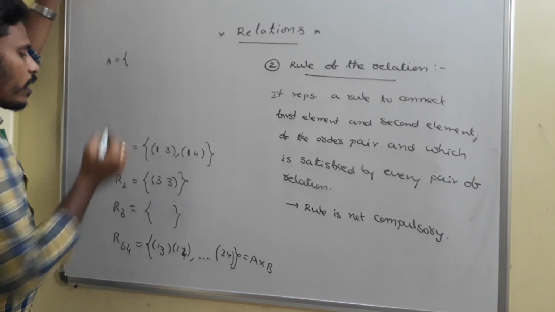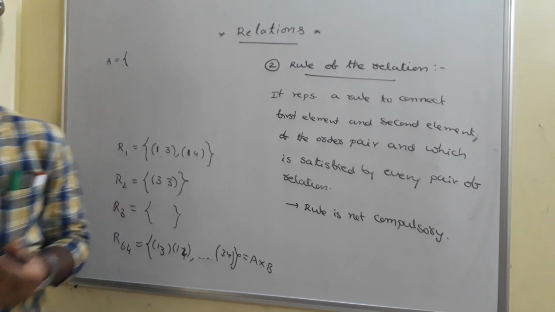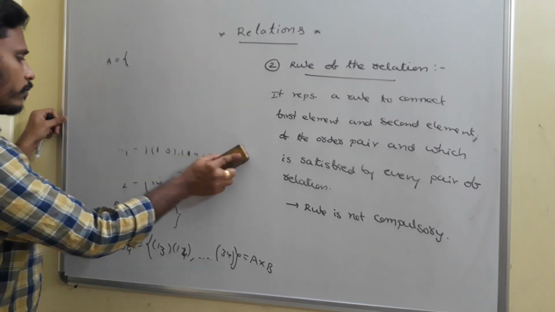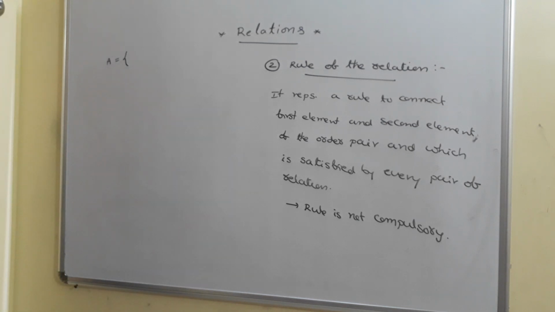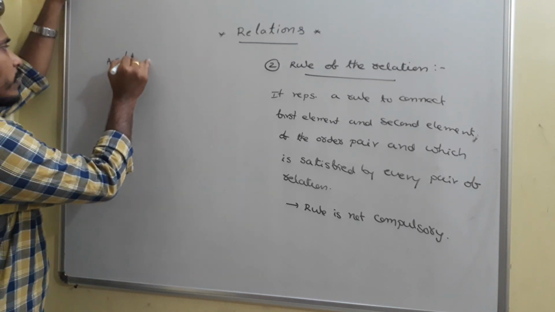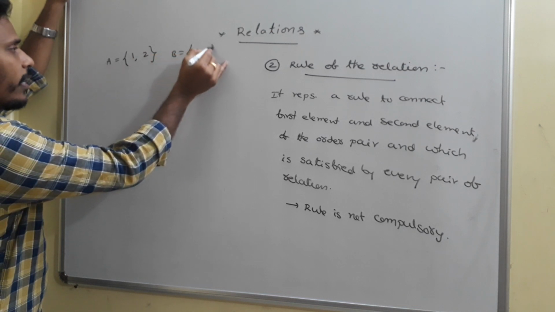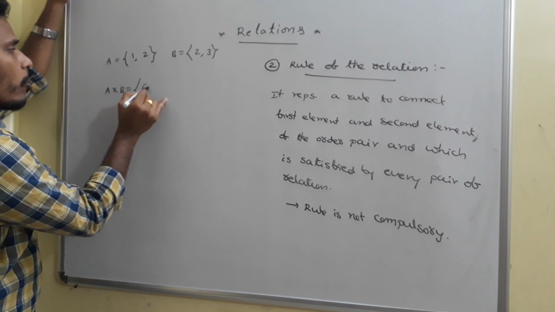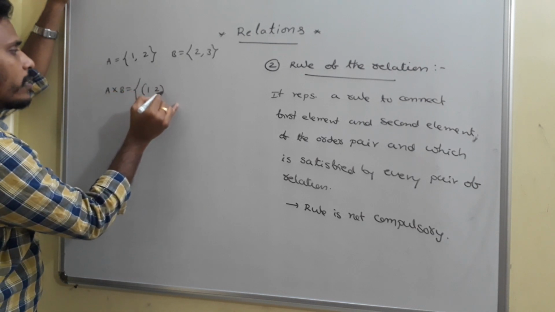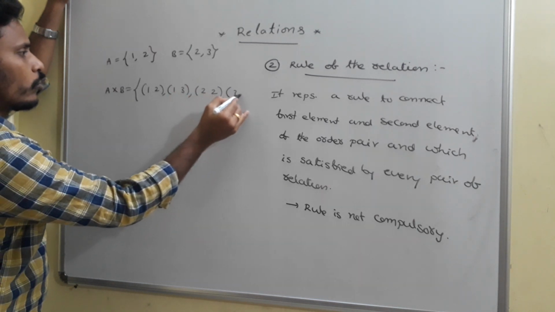Otherwise I will give you some other sets and give you the rules. Let A be the set containing 1, 2 and B the set containing 2, 3. Now A cross B consists of 4 elements: (1, 2), (1, 3), (2, 2), (2, 3).